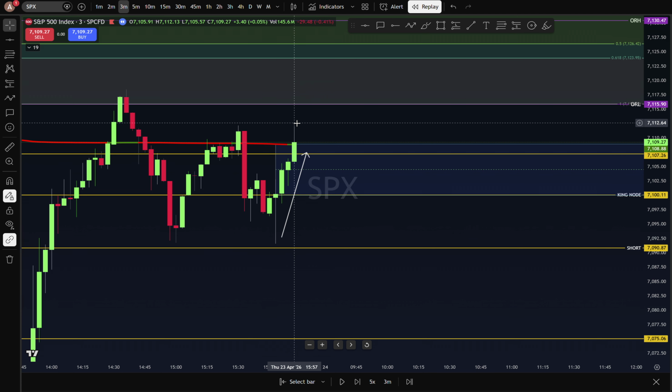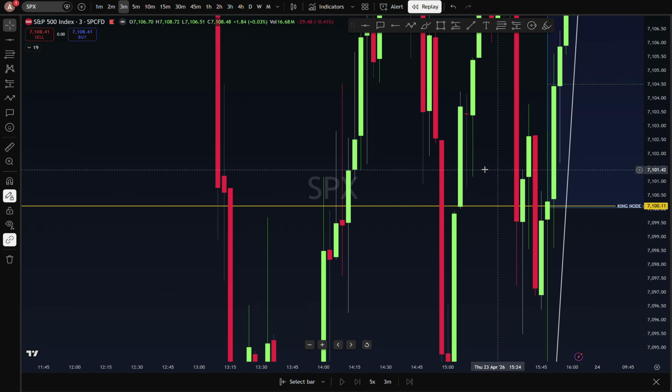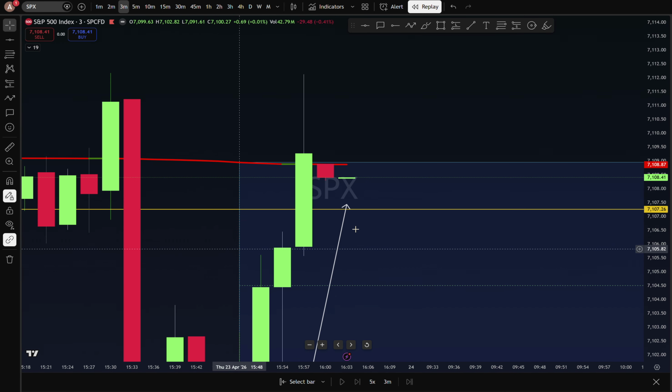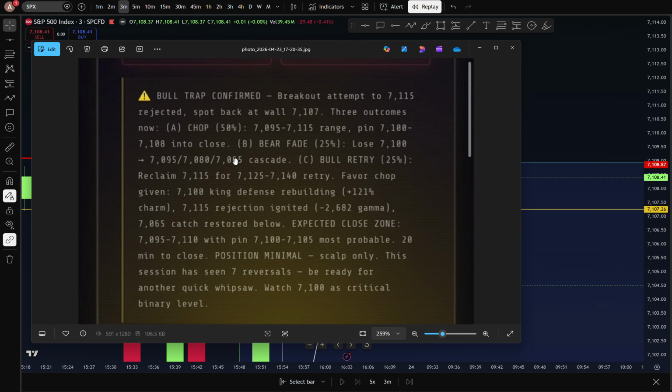So much pump. Let's see where it closed. It closed at 7,108. What does the dealer say here? It says range pin 7,100 to 7,108 to close.